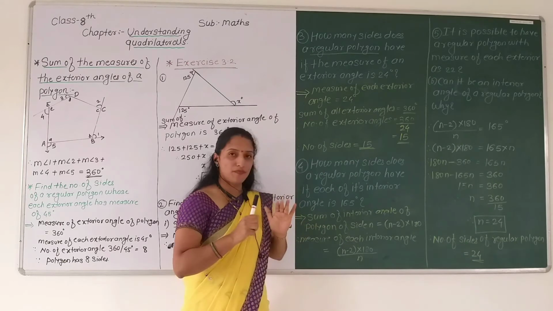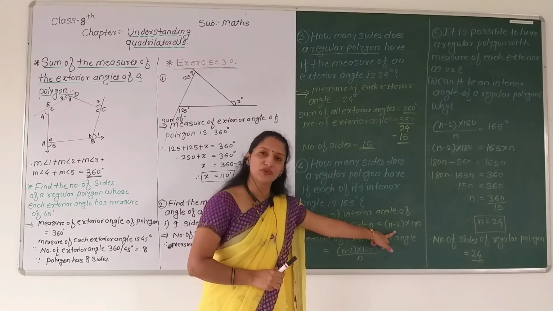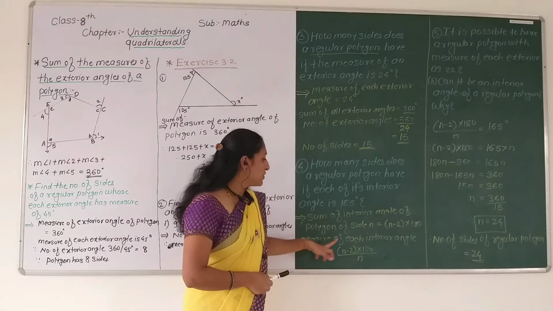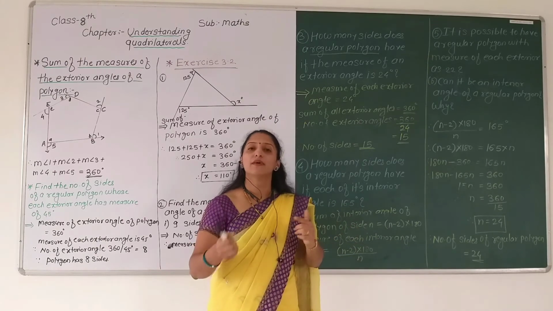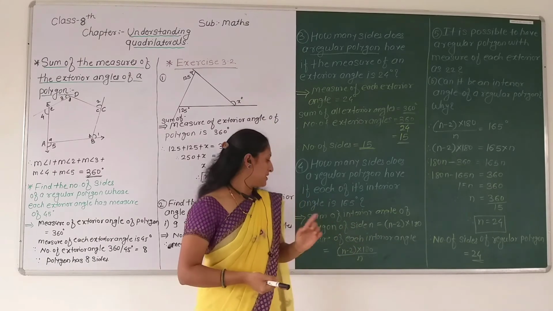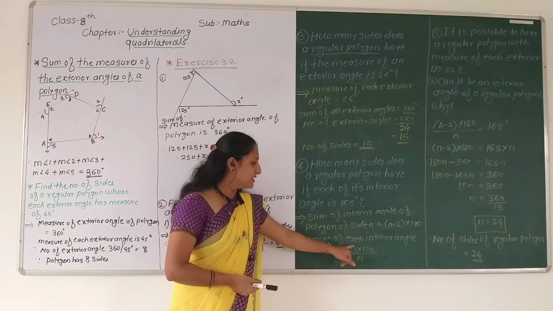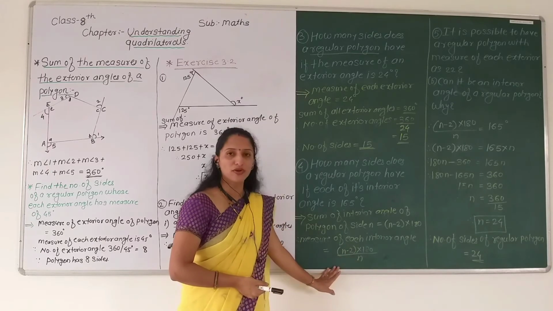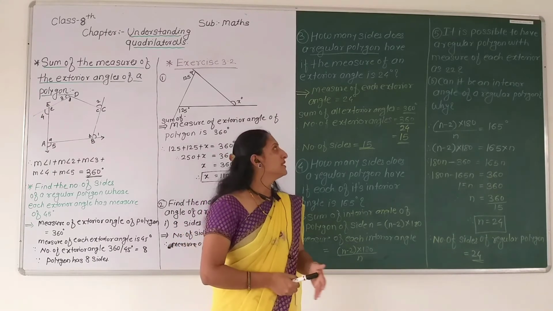Since the sum of all interior angles is n minus 2 into 180 for n sides, and the number of angles is also n, the measure of each interior angle is n minus 2 into 180 divided by n. So this is a very important part of this example. All of you understood? Yes.